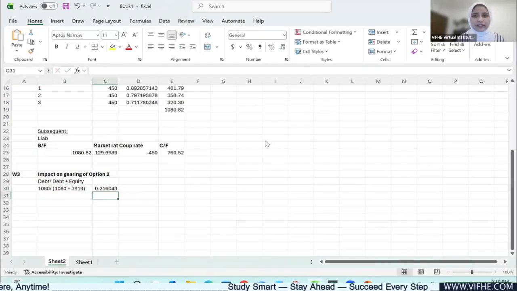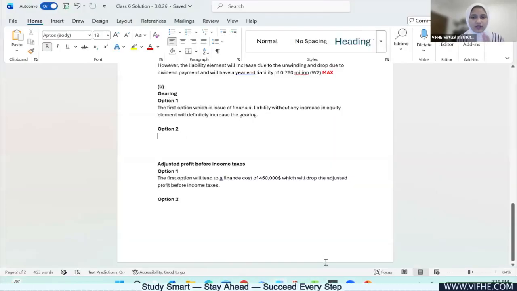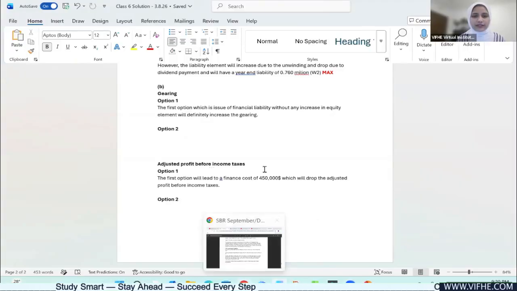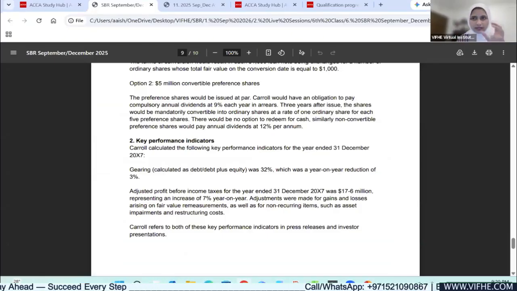So this is 21.6. And right now, for this compound instrument, the debt upon debt plus equity ratio is 21 something. But if you see in the question, the entity had 32. So if a gearing of 21 comes while there is a 32, the average will now drop. The 32 will now drop.